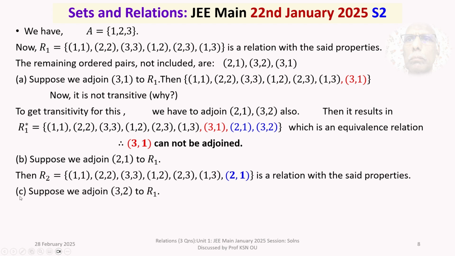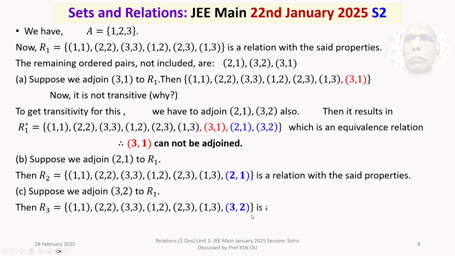Option C. Suppose we adjoin (3,2) to R1. Then we'll get R3. Now, again you will see (3,2) is there, (2,3) is there. That doesn't mean we have achieved symmetry. We will achieve symmetry when for each one of them there is a reverse.